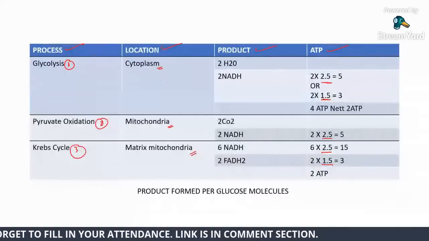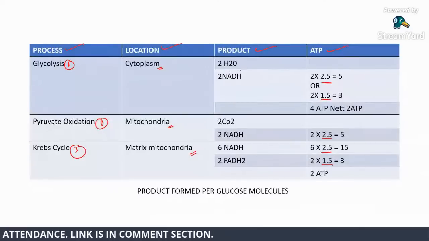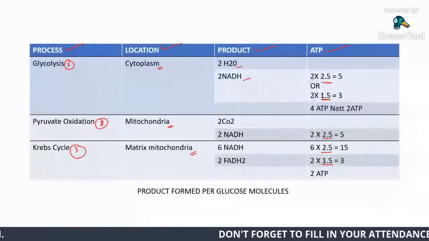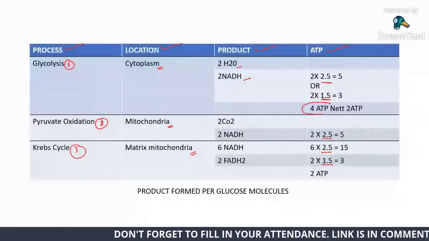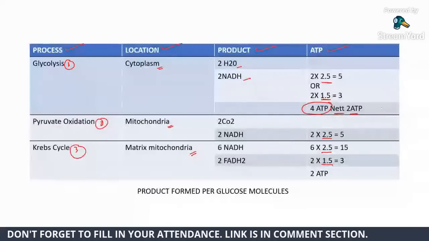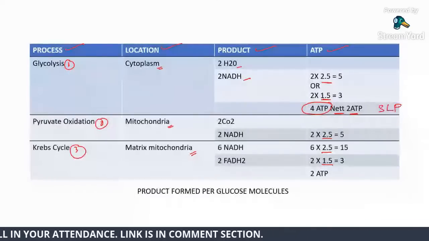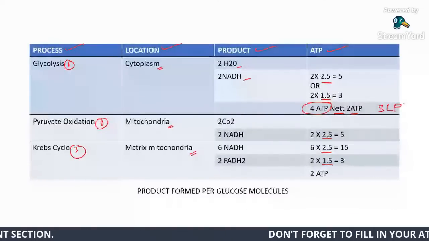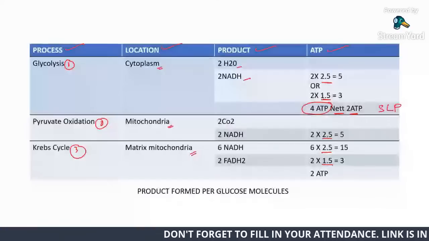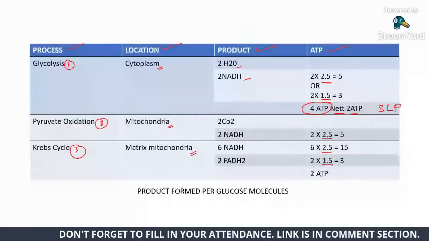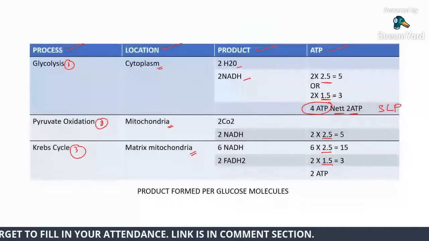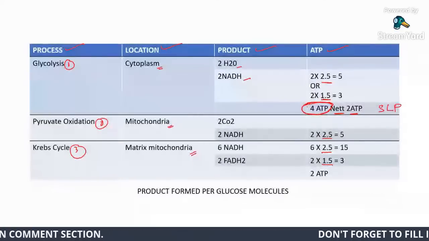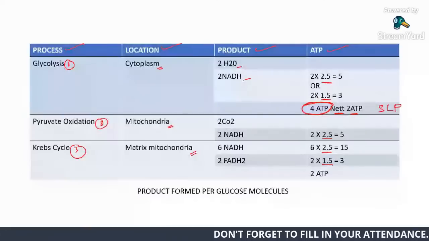So in glycolysis, we basically produce 2H2O, 2 NADH, and we produce 4 ATP, 4 ATP net 2 by substrate level phosphorylation. Right, so I will always encourage you, if question asks how many ATP is produced in glycolysis by substrate level phosphorylation, I always encourage you to answer 4 ATP. Always answer it with 4 ATP and then followed by net 2.